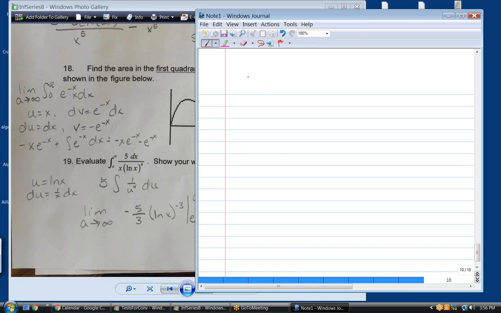So usually when you have something like, let's say I had the sine of x squared, and I had a 2x like that, I can just use the power rule on that. Because u would be x squared, the derivative of that is 2x, the derivative is going to end up in the denominator, taking out my 2x, leaving just sine of u.